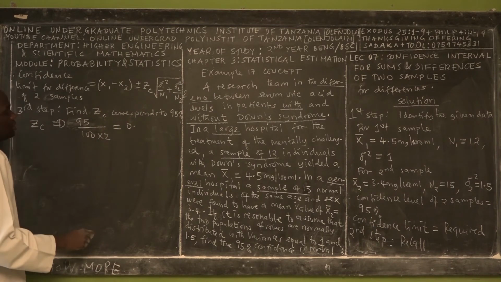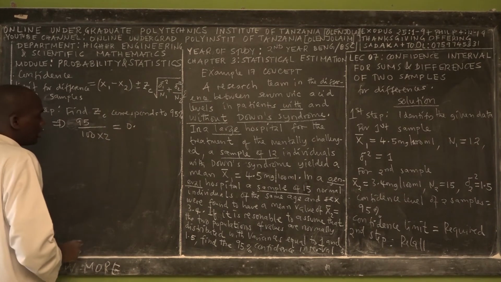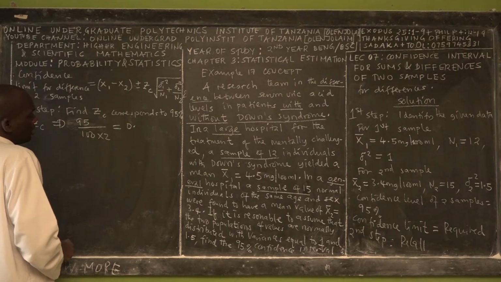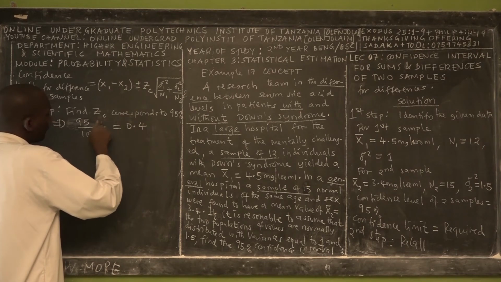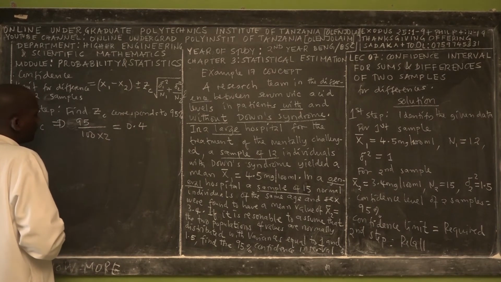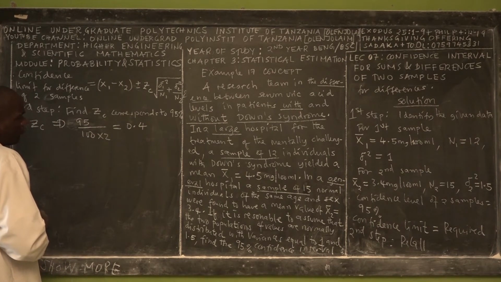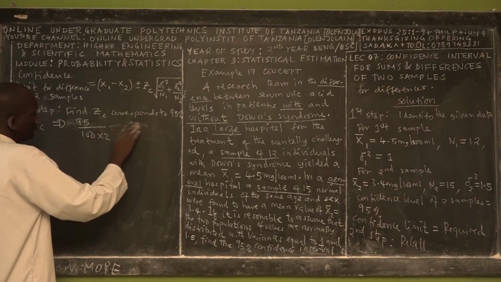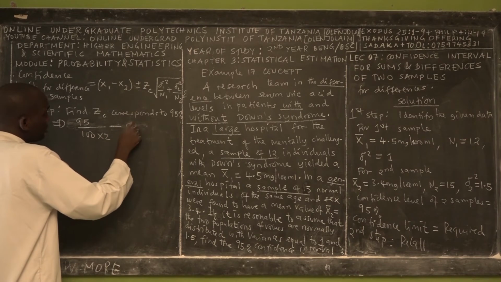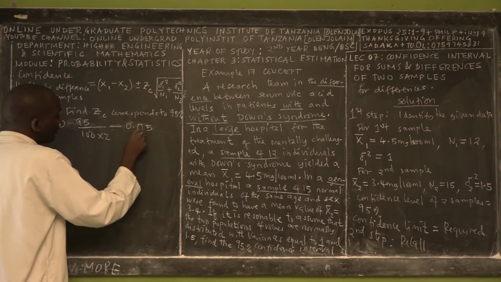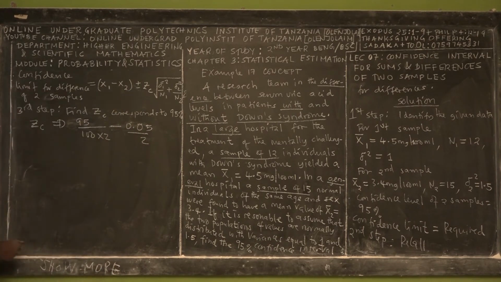Simply, you have to find 0.4, so this one minus 0.05 over 2.